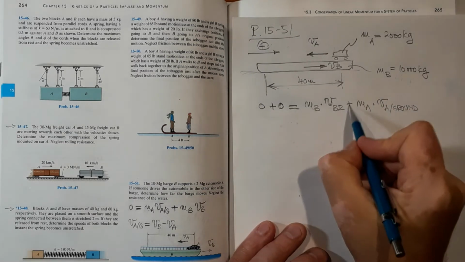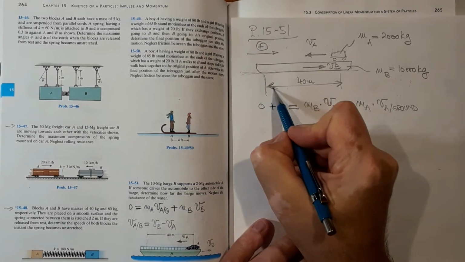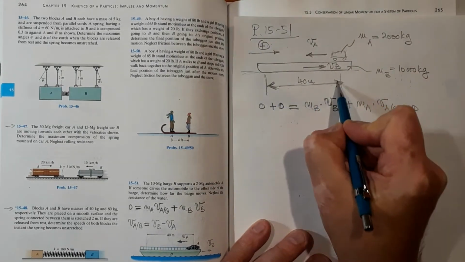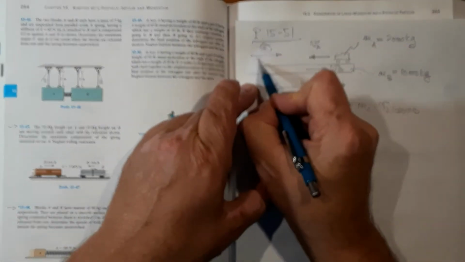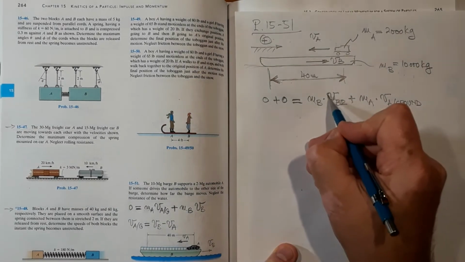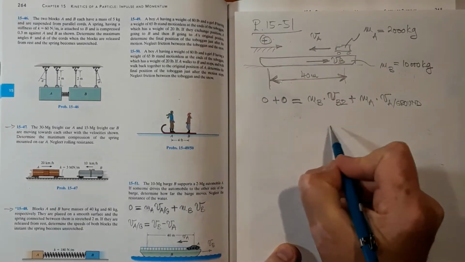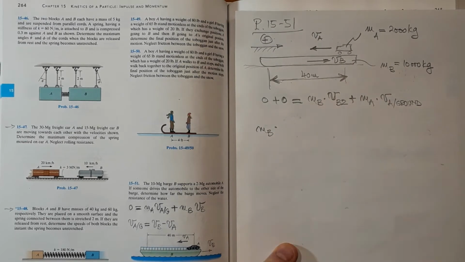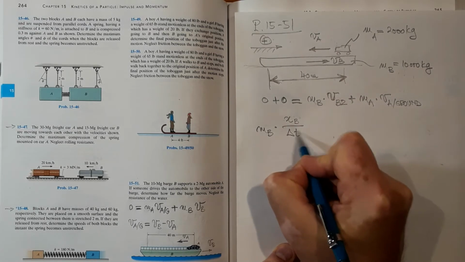Okay, so what we need to find is how far the barge has traveled relative to the bottom of the lake, or fixed reference frame. And by the way, we can make this explicit. Flip the equation so it equals 0. So I have mass of the barge times distance traveled by the barge, x barge, divided by dt.